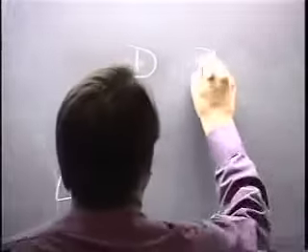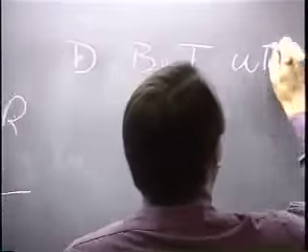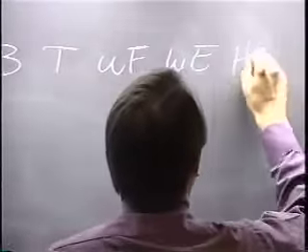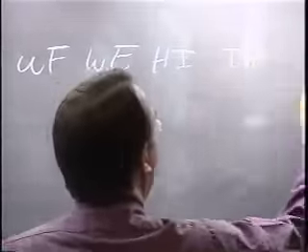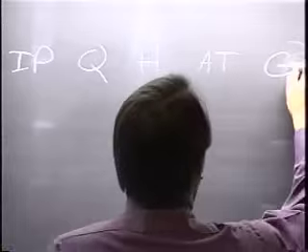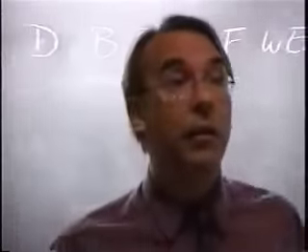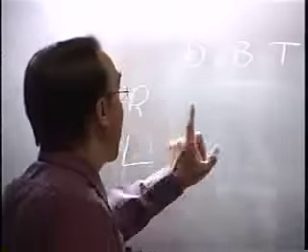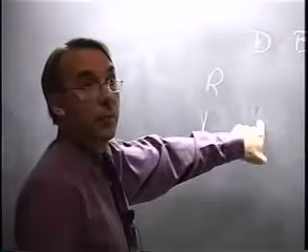Deltoid, bicep, triceps, wrist flexors, wrist extensors, hand intrinsics, iliopsoas, quadricep, hams, atib, and gastroc. Those are the minimum. When you say that you've examined somebody and they're 5 out of 5 throughout, you have to say that you examined all of those muscles.